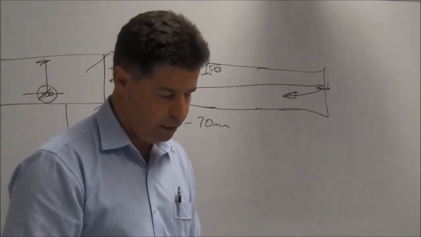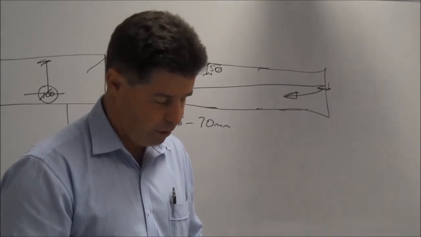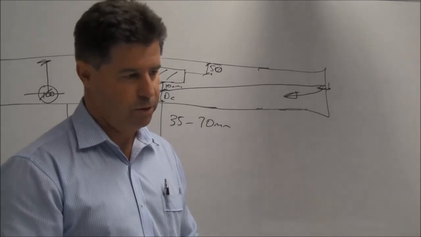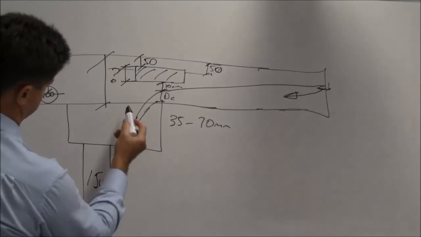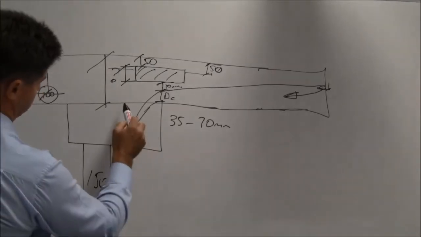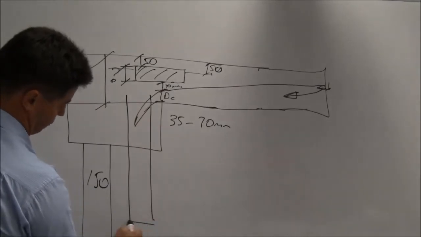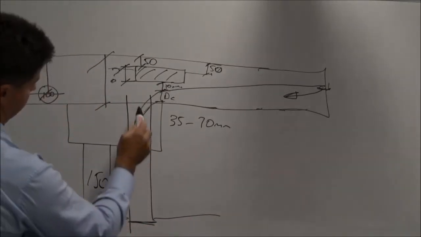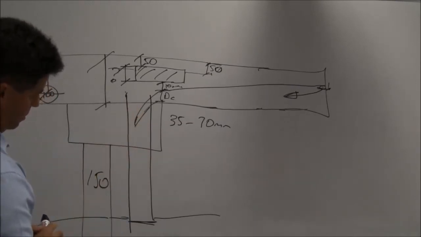It depends on what size overflow and where you're going to put it. You could have an overflow sitting through the bottom of the sump, which is what I've done in that example. I've got an overflow that sits down through here, and it might finish at the soffit line of the building. That's what I did, but I still need clarification on how high up it went.